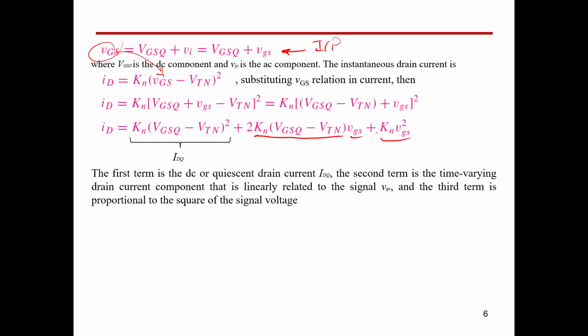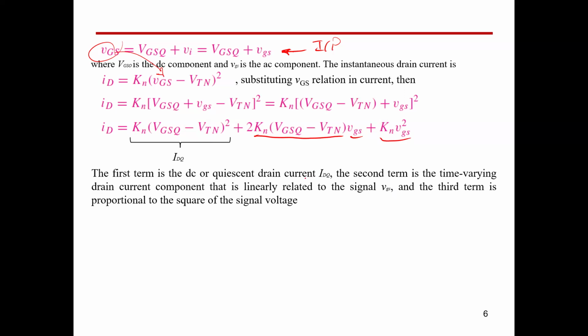And here, this is pure AC. So the first term is the DC or quiescent drain current IDQ. This is the complete DC part that we have in our analysis, and this is the term that we already used in the DC analysis.